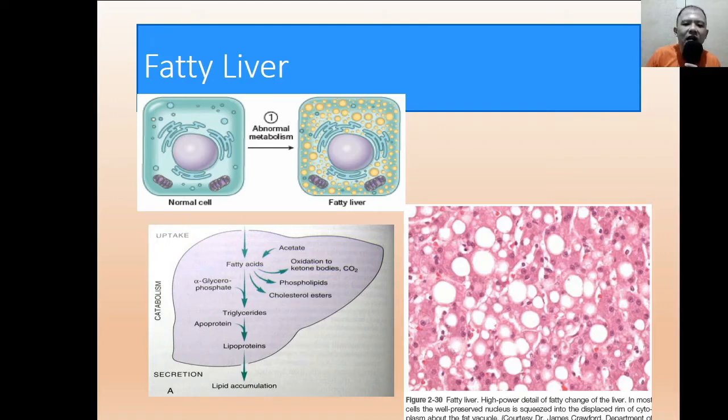Okay, that's the oversupply of lipid molecules. Or secondly, you have the impaired transport of these lipid molecules towards the outside of the hepatocyte.